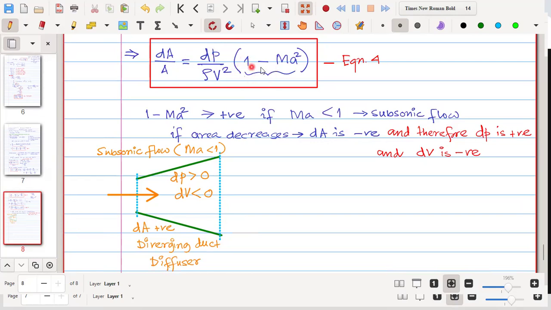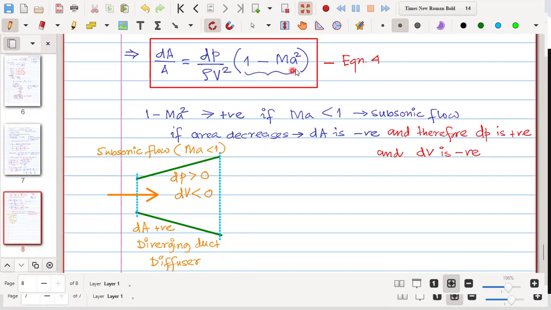So now Mach number is less than 1. What is the meaning of that? It is subsonic flow. This is the definition of subsonic flow. That means 1 minus Mach square is positive means it is subsonic flow. So for a subsonic flow, now area is increasing, so it is a diverging duct.